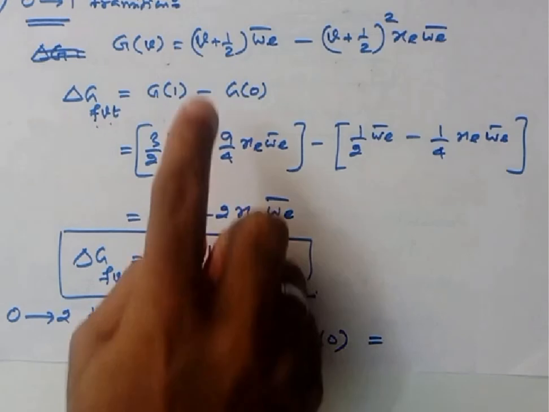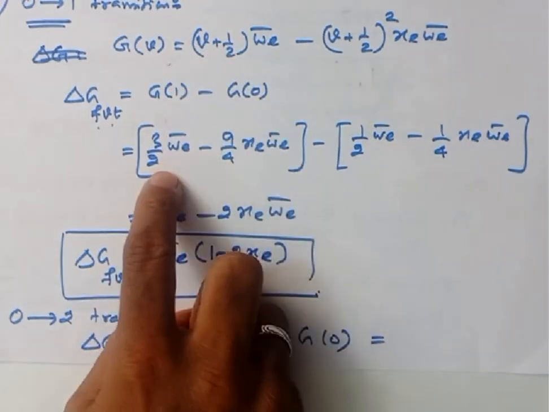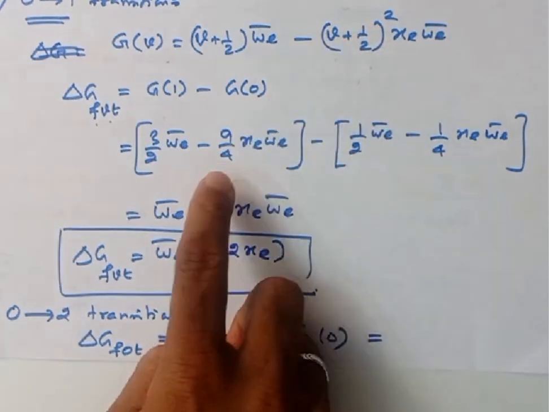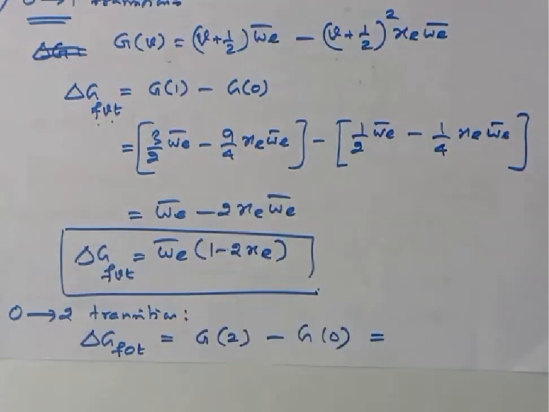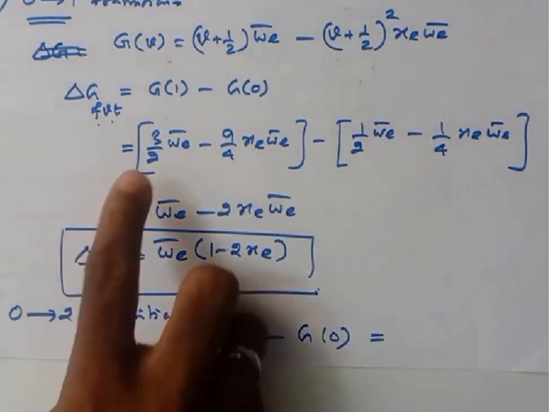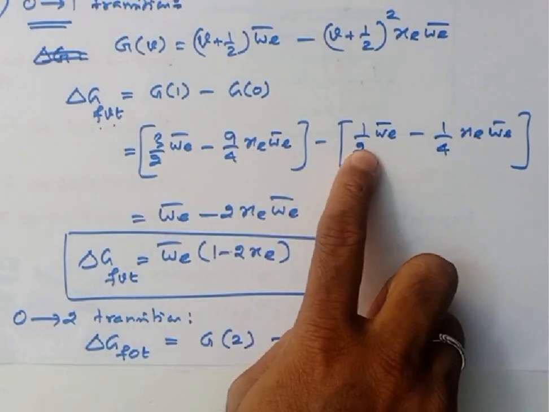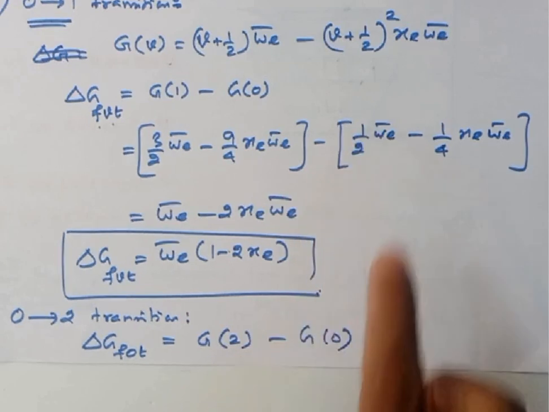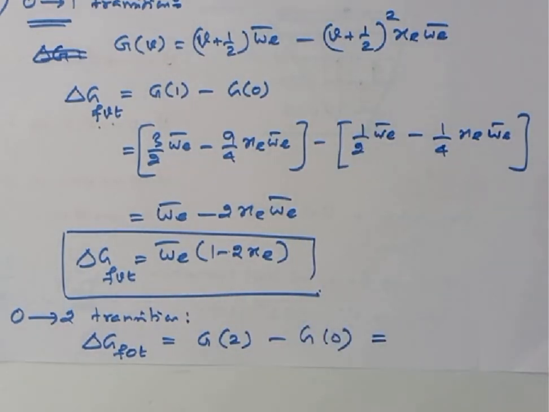Put V equal to 2 there. 2 means 5 by 2 omega E bar here, and here 5 by 2 square is 25 by 4 XE into omega E bar. So 5 by 2 minus 1 by 2, I'll get 4 by 2, that is 2 omega E bar, minus 25 by 4 minus 1 by 4.